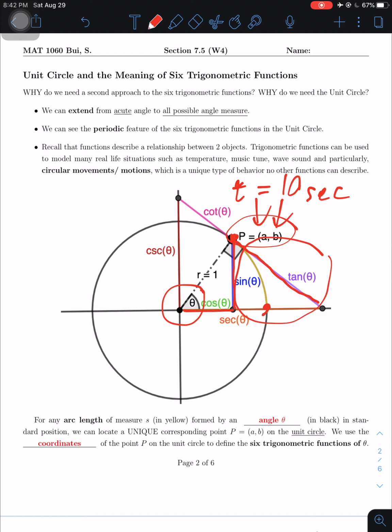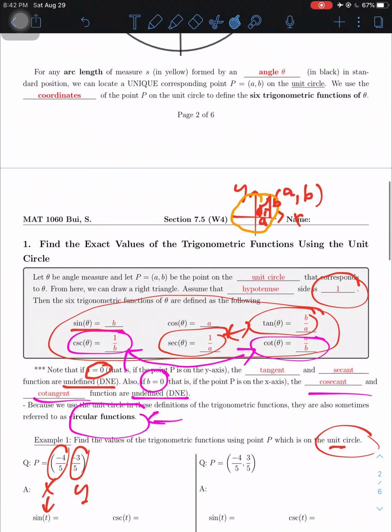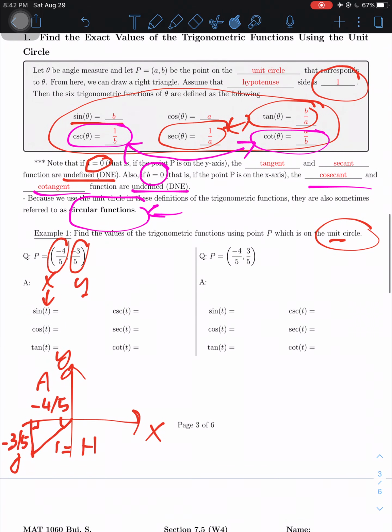I'm not going to talk deeply about the unit circle, but if you're a math major and want to know the derivation of the unit circle, just ask me and I can talk more about that. So that's the explanation for why you have T instead of theta, as usual. But don't worry, T or theta just means the angle that we have here. As long as you get the answers right, that's fine.